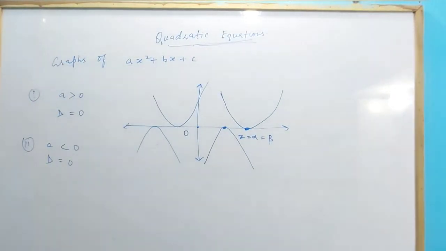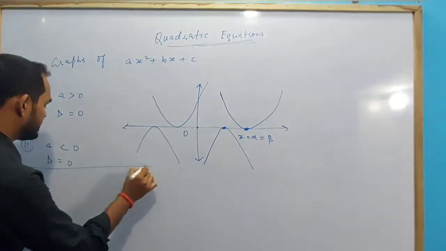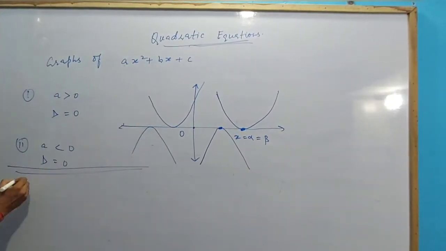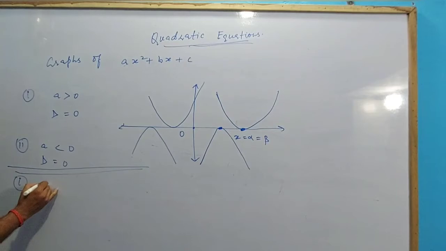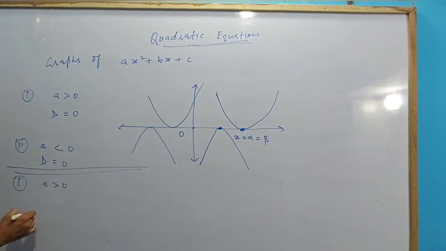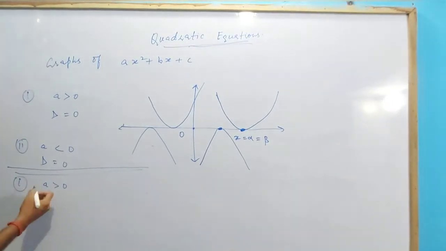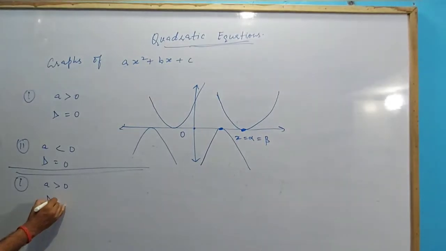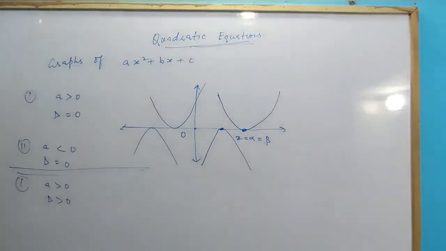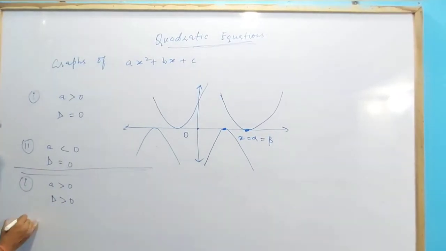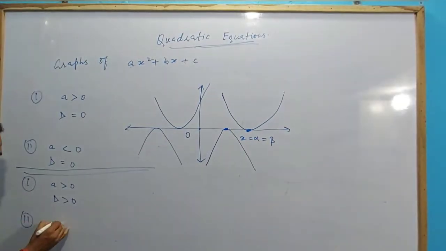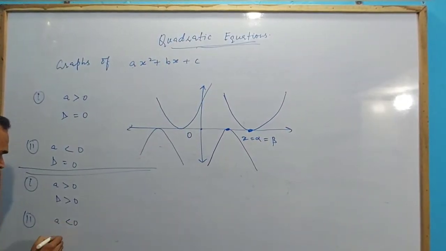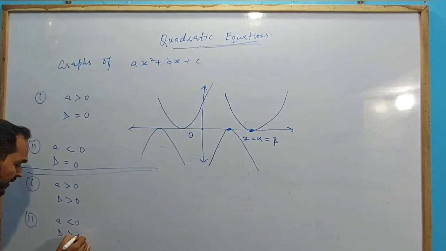Now the next thing is, suppose a greater than 0 and moreover D is also greater than 0. The second case is a less than 0 and D greater than 0.